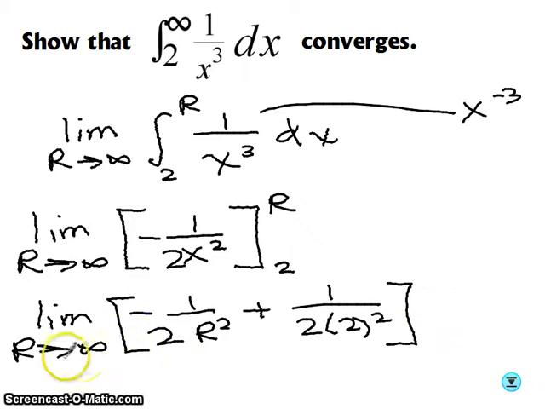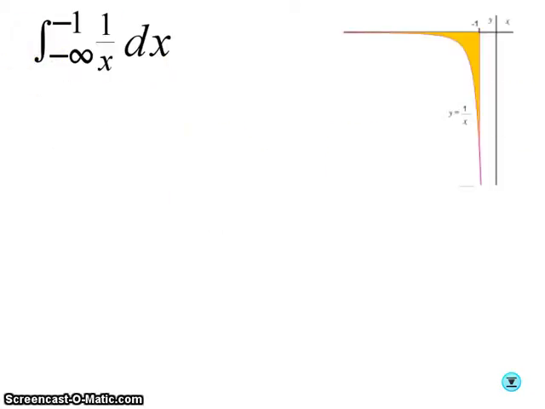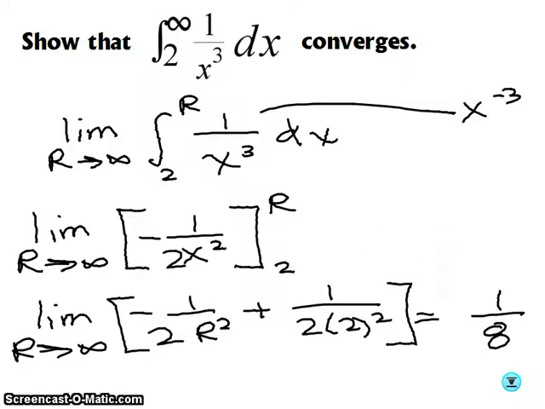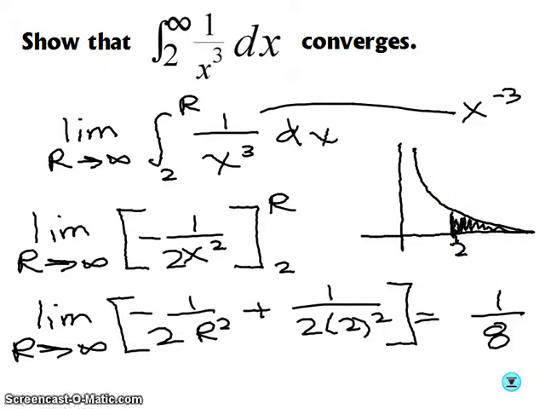What are you getting as your final answer? Well, as r goes to infinity, this whole thing is going to do what? Yep, tend to 0. We're left with 1/8 as that area. Again, if you were to graph that, you would see it looks something like this. Here is 2, and we're finding the area from 2 to infinity.